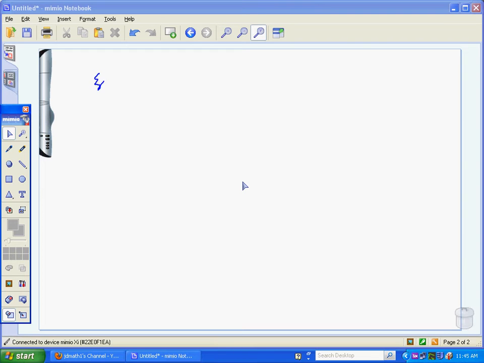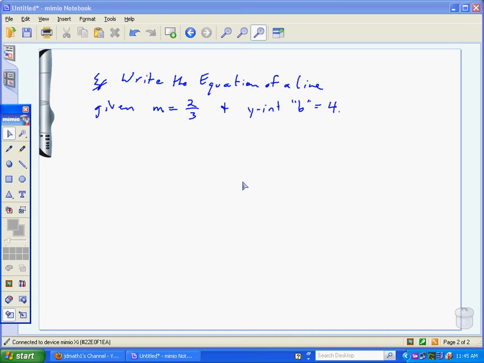So example: write the equation of a line given m equals, let's say, 2/3, and the y-intercept, or b for all intents and purposes, same thing, is equal to 4.